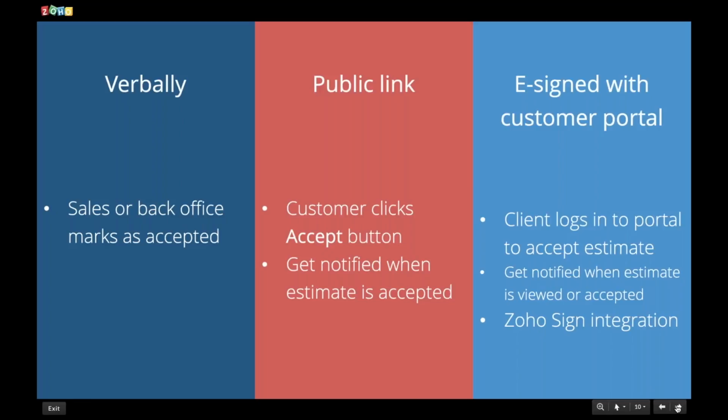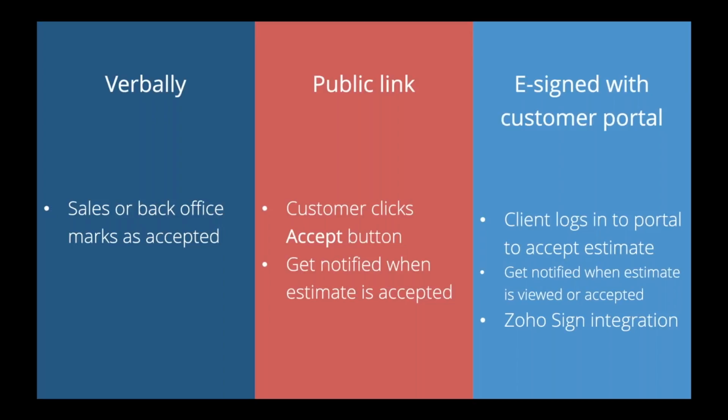So at most companies, it seems usually it's the sales rep who's dealing with the estimate, and then it's the accountant who is touching the invoice. But we'll talk about that more when I demo this later on. So the other thing I mean by more than one way to send an estimate is that there's a few different ways to have your customers view and accept those estimates.